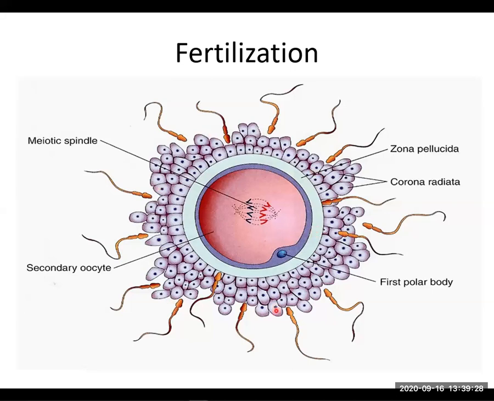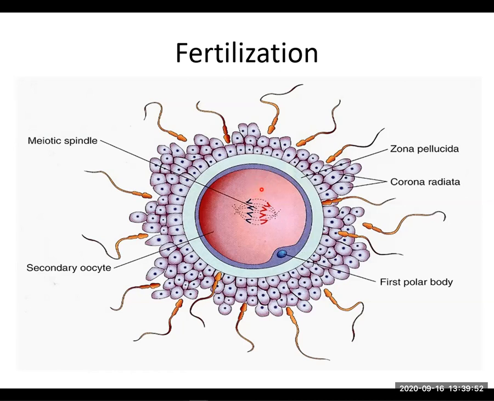I like this picture because I want you to see that this is an unfinished process of meiosis II. The original oocyte has 2n times 2, already duplicated.